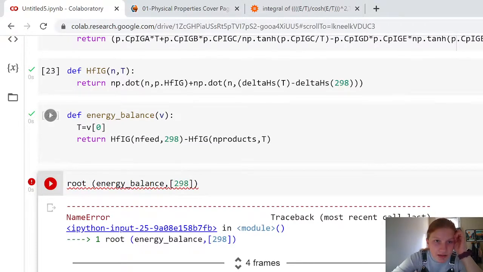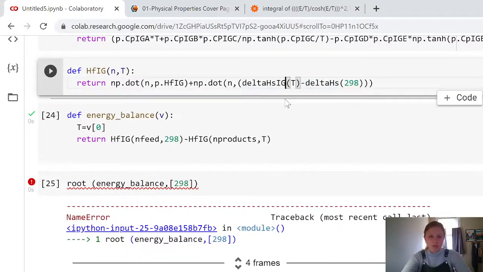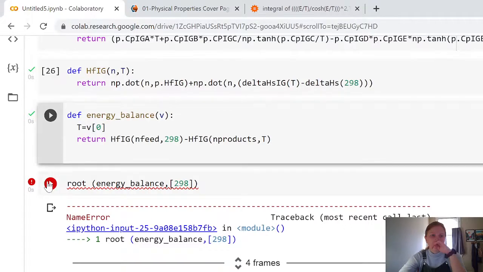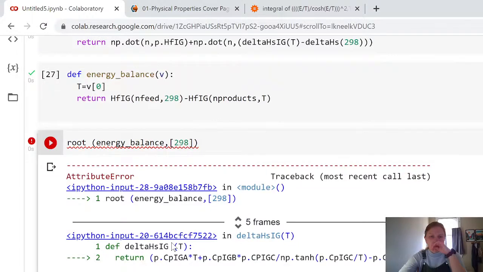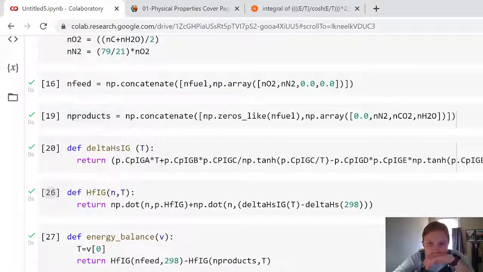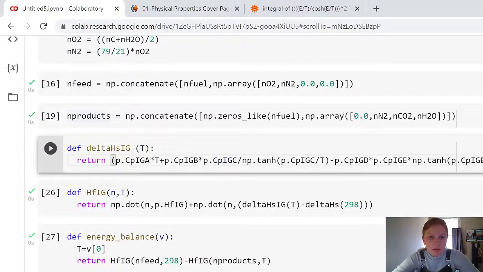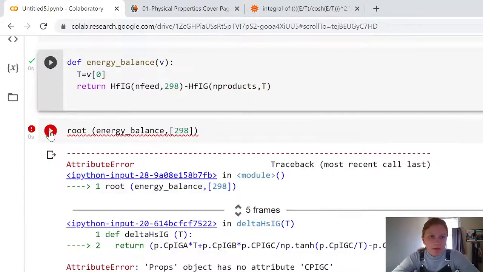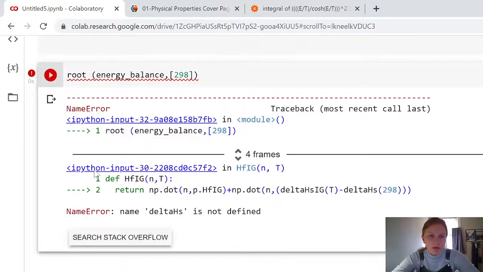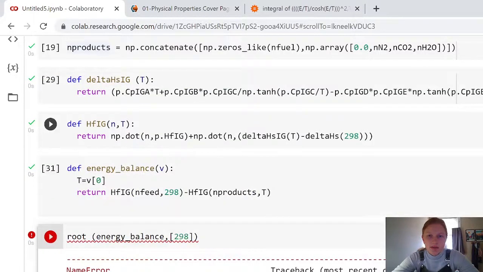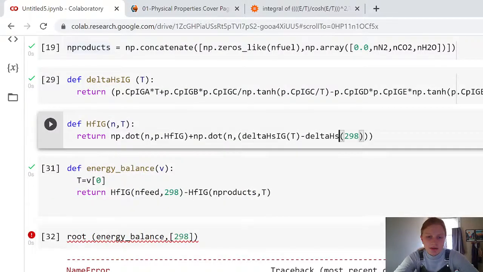Delta HS is not defined. So close. Where's my other delta HS?